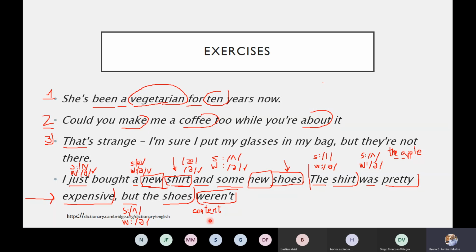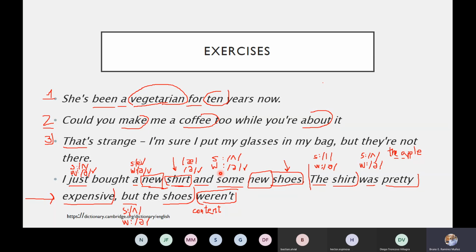Never use a weak form with them, because they don't have any weak form. They are always pronounced one way, one form. It is the function words in which you have to make a decision whether to use the strong form or the weak form. In general, it's going to be the weak form unless you are emphasizing that specific element.